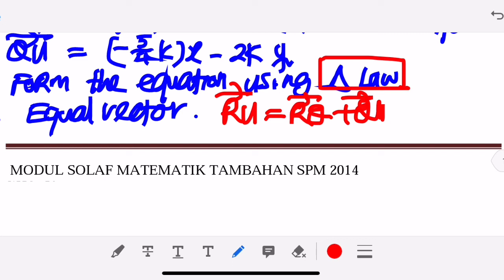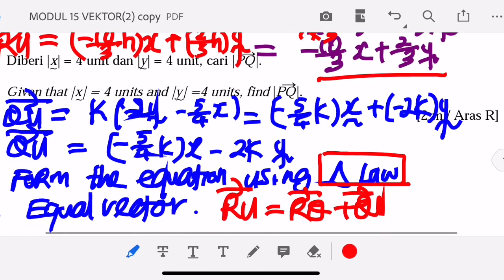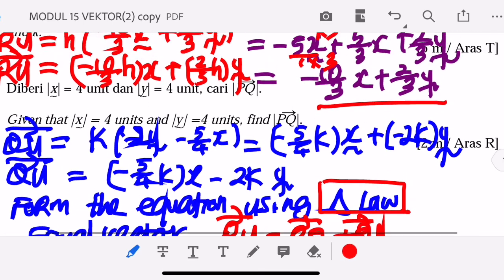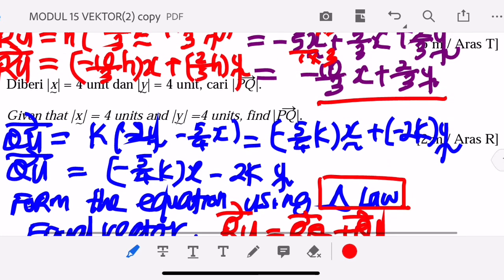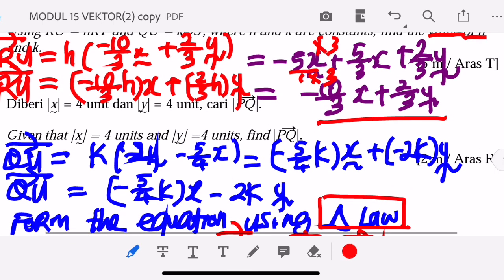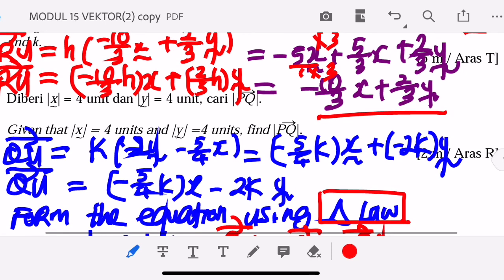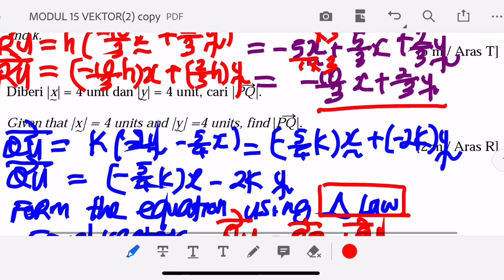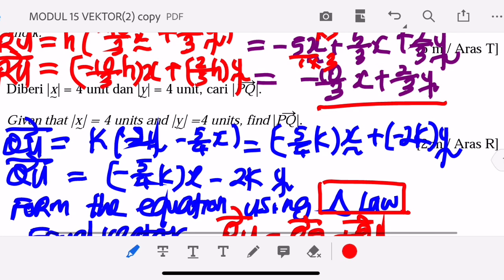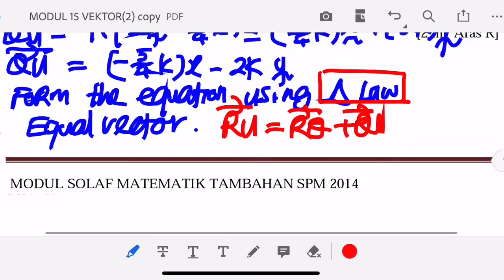Now we need to solve the triangle law carefully so that we can get the answer. So let's do it carefully. We have RU, we copy down the RU, and we have the QU, we copy down, and then we connect them using the triangle law. Now we are going to form the equation to solve for h and k.